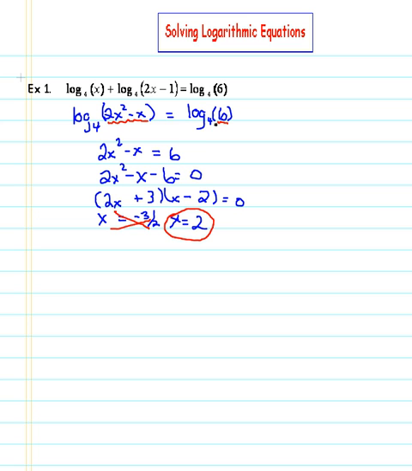Now let's take a look at our second type of problem. In the second type of example, you'll notice that we have logarithms only on the one side of the equation, not on both sides, so we won't be able to use that one-to-one property.